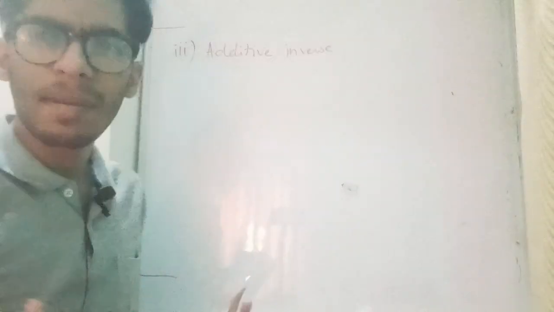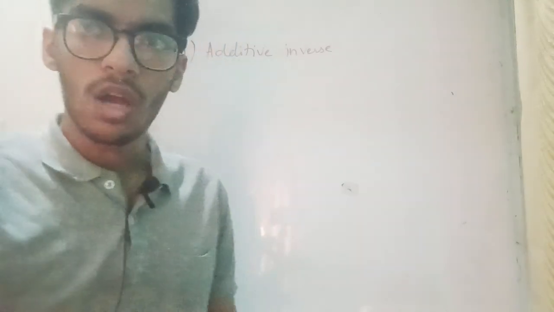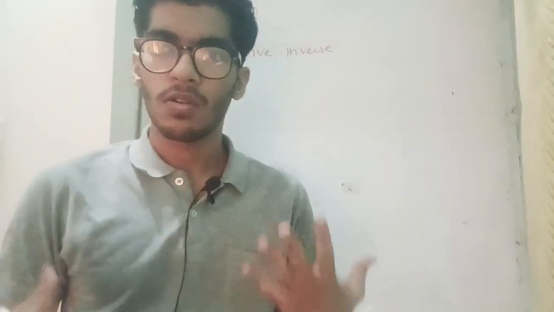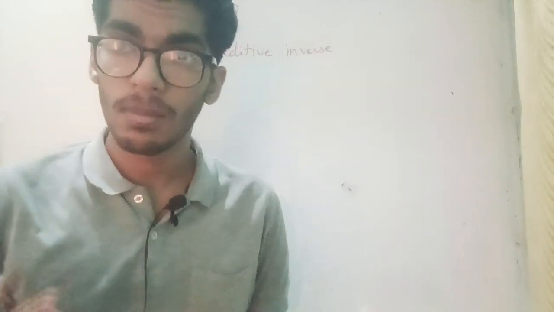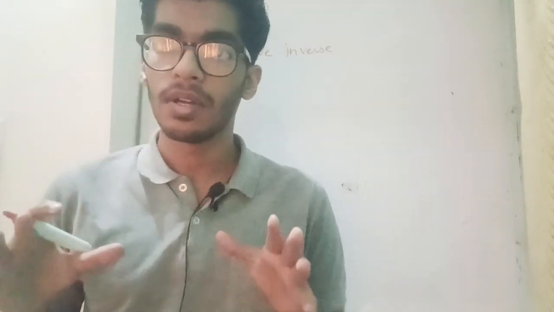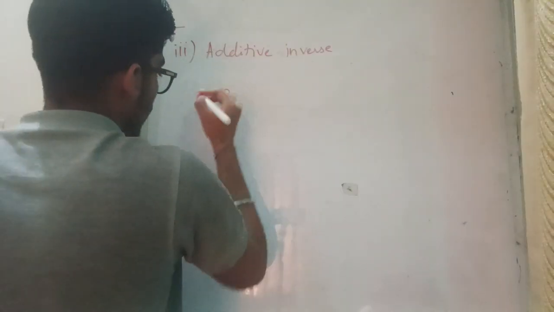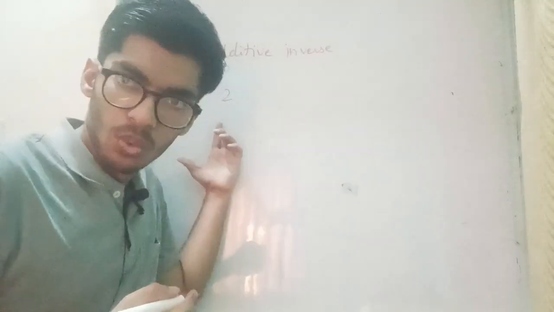So what do we mean by additive inverse? Let's go into a flashback of the algebra of number theory that we have already studied in our basic classes. Let's say I have a number 2.